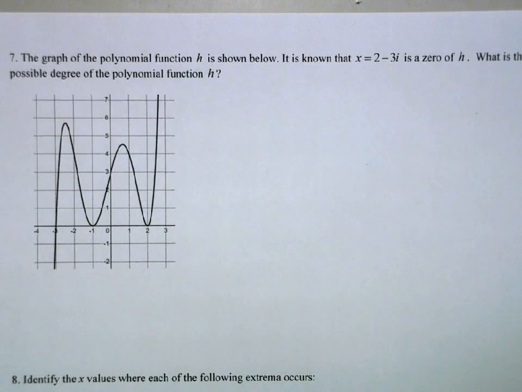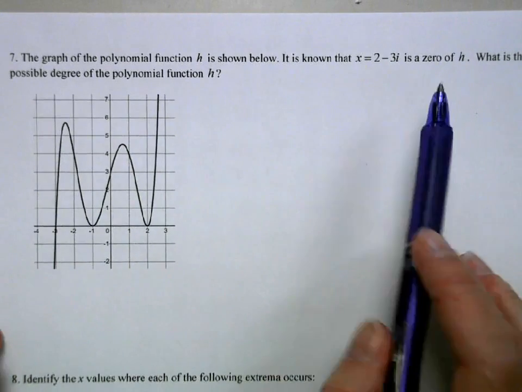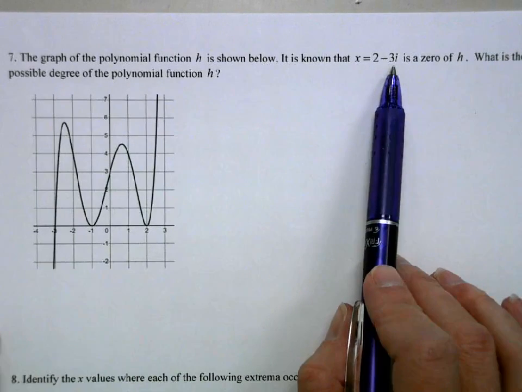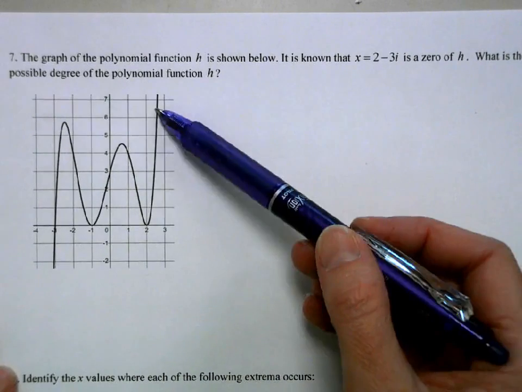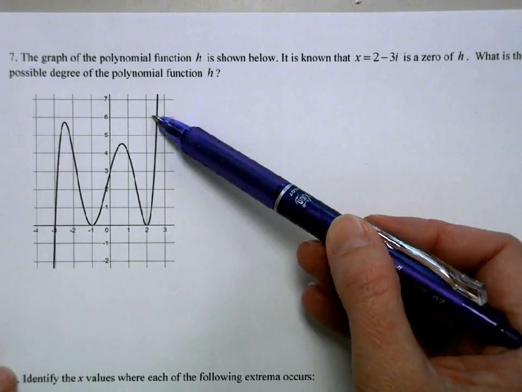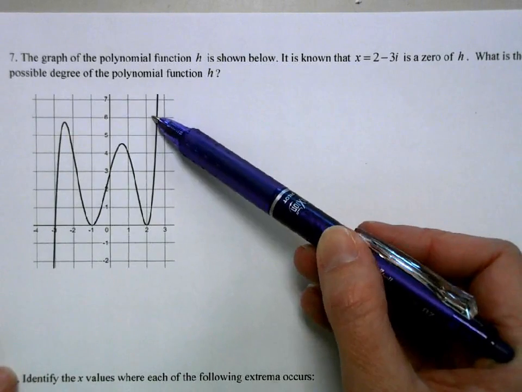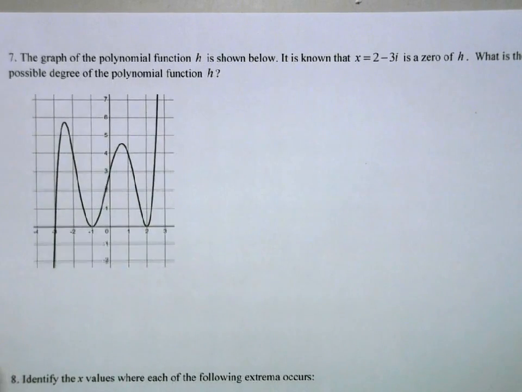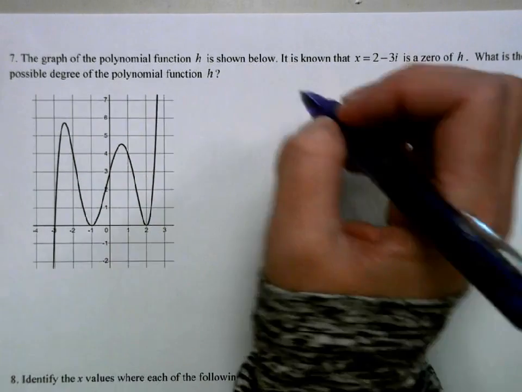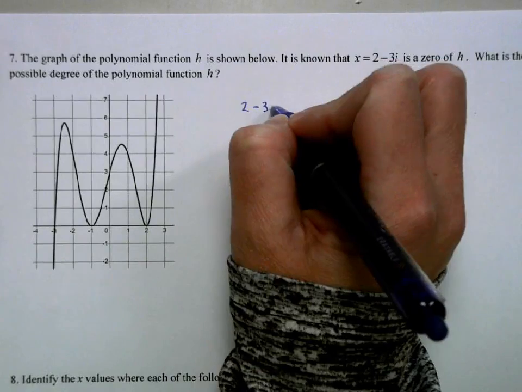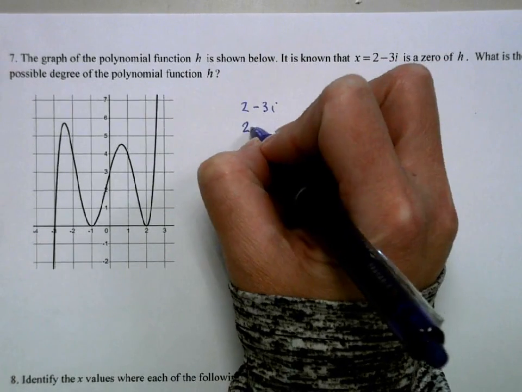Okay, next I have this graph here, and we're going to decide if we know 2 minus 3i is a 0, what is the least possible degree? So some features, we're going to look at the zeros, but I also want to look at this end behavior, which tells me it's going to have to be an odd number, because this models the end behavior for an odd polynomial. So for the zeros, if 2 minus 3i is a 0, then 2 plus 3i is a 0.